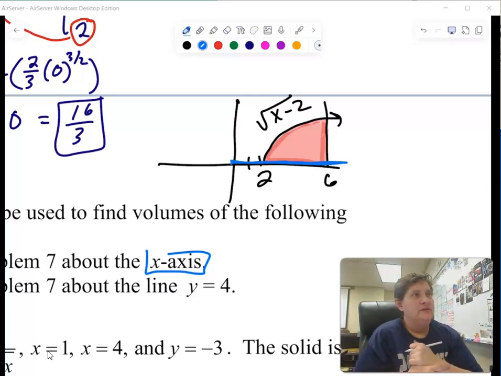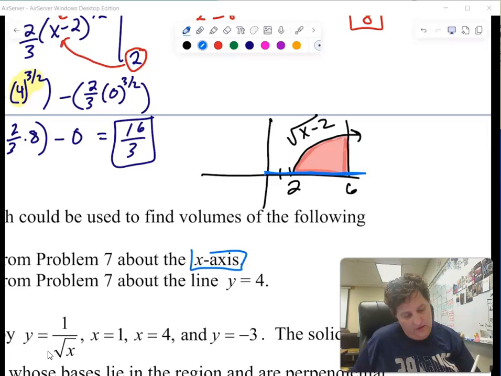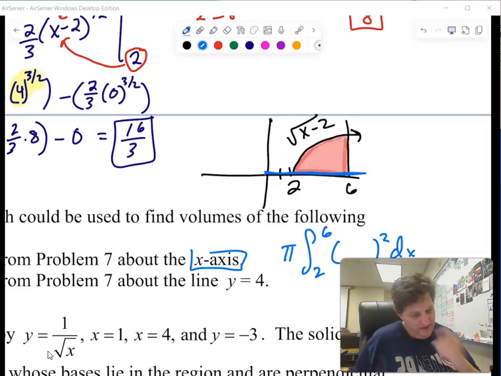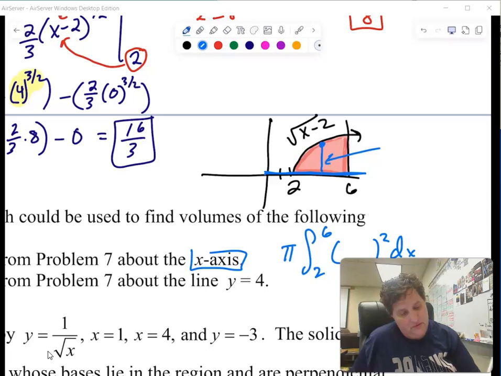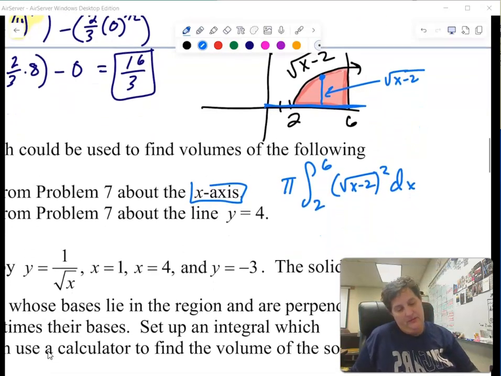When we rotate it, there's no hole in the middle. So the formula is pi r squared. We usually put pi on the outside, it doesn't really matter, and then radius squared. The radius of this is just the height, which is the square root of x minus 2. That's how we would get that.